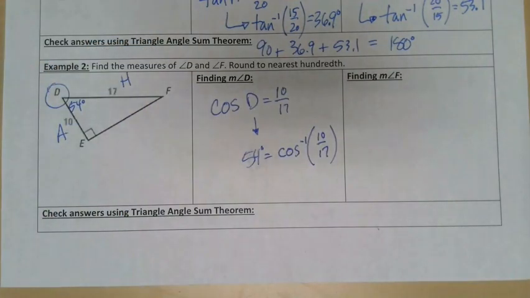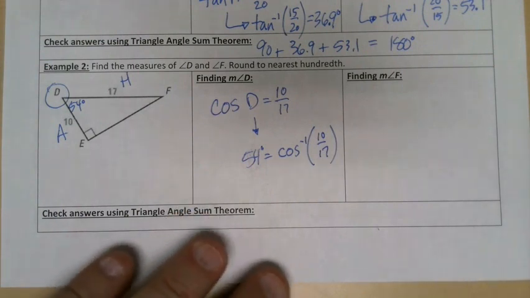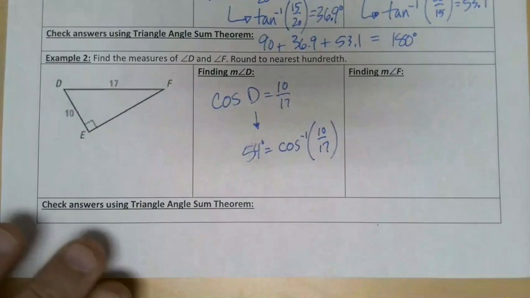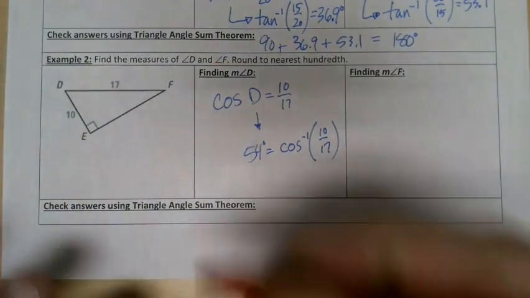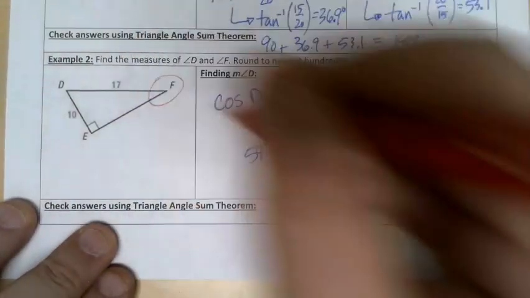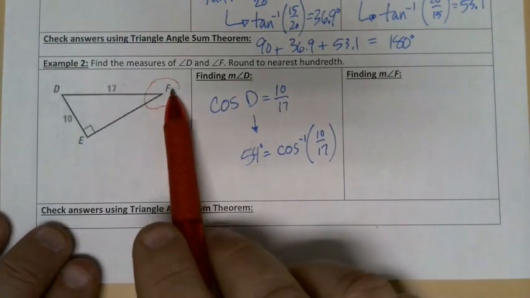Cool. Now, let's do F. So if I'm going to do F, I'm just going to erase all this up here. There we go. And I'm doing F now. So, find angle F. So there's angle F. Now I label the sides.